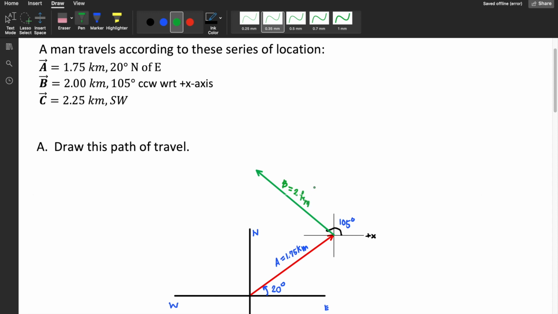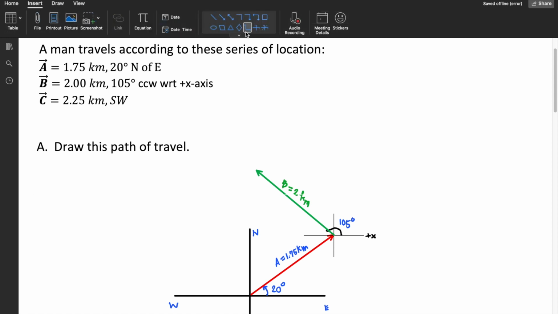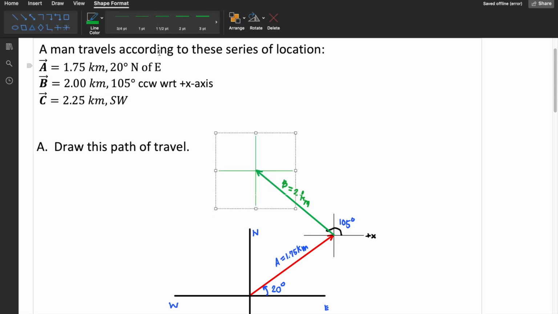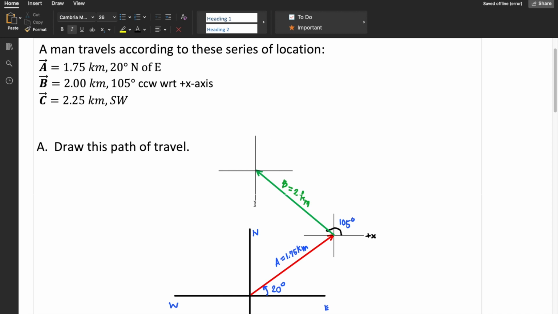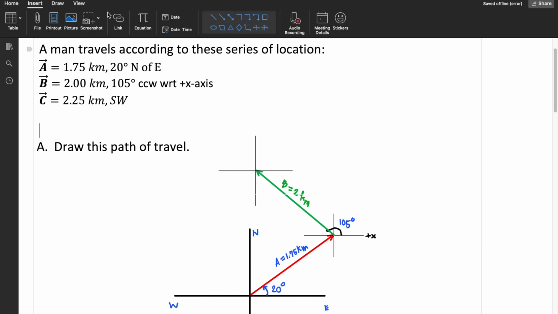Lastly, for the C vector, again I repeat, you'll insert an XY coordinate, some sort of a guide. The direction is southwest. Take note that this is north, south, west, and then east. So its direction is simply southwest, and the magnitude is 3 kilometers.